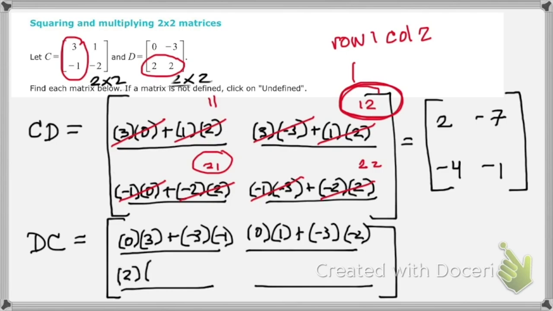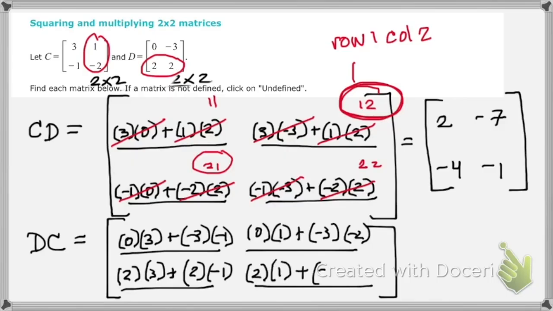2 times 3 plus 2 times negative 1. And finally, the second row, second column, which will be 2 times 1 plus 2 times negative 2.